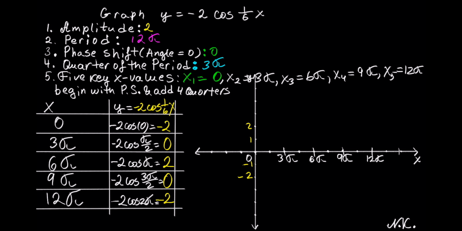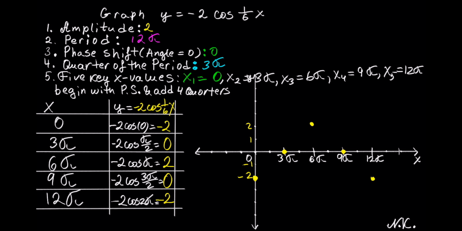So when x is 0, y is equal to -2. Cosine begins at the coefficient, then it goes towards 0, then goes to the opposite of the coefficient. So when x is 6 pi, y is 2. Then it goes back to 0 at 9 pi. And it goes back to the coefficient of -2 at the end of the cycle at 12 pi.